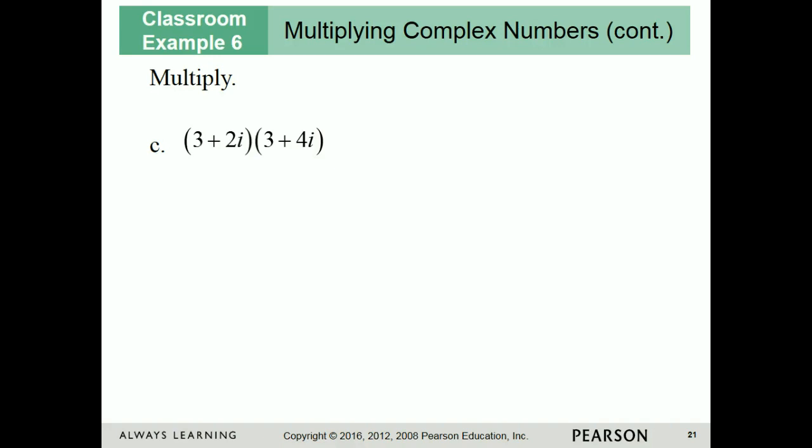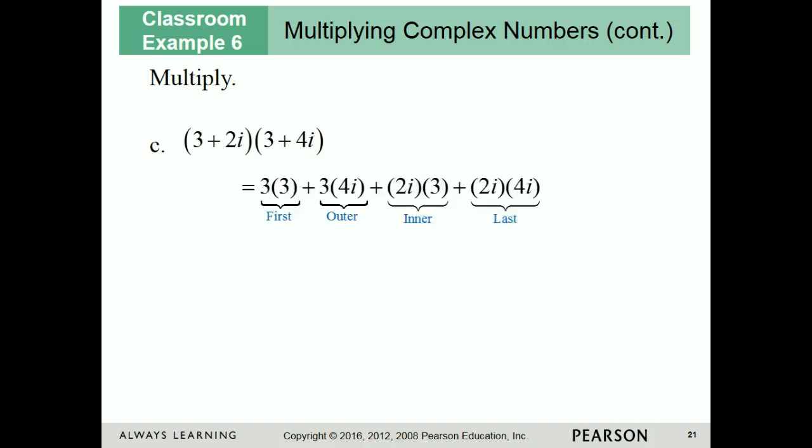So we're going to use basically the rules that we have used for multiplying binomials, and that is to use FOIL, which we have here. Remember, FOIL is first, outer, inner, last.